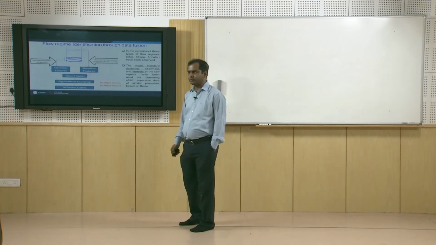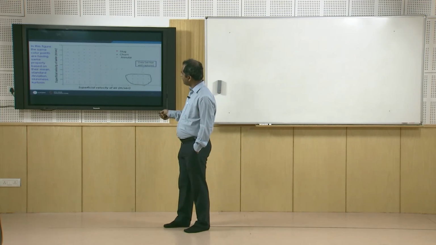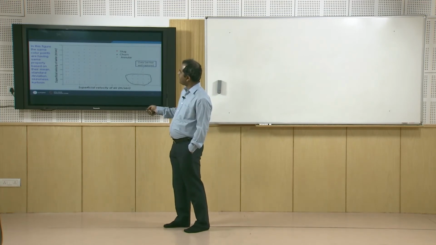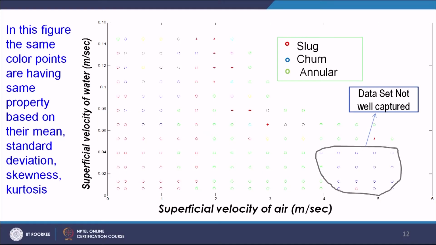Let us see how, using these different clusters and algorithms, we can identify different flow regimes. Here I have shown a flow regime map constructed based on the superficial velocities of air and water, and we have focused on only three patterns: slug, churn and annular. All these points are identified based on the clusters.